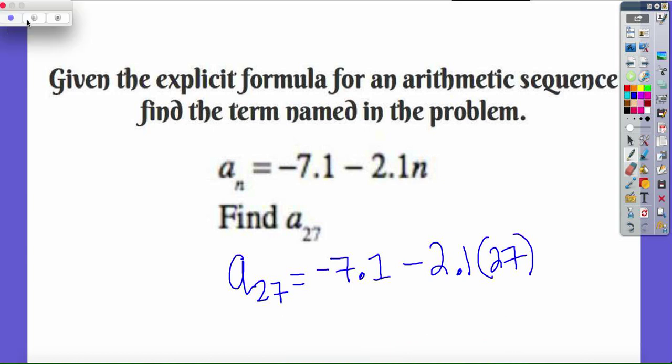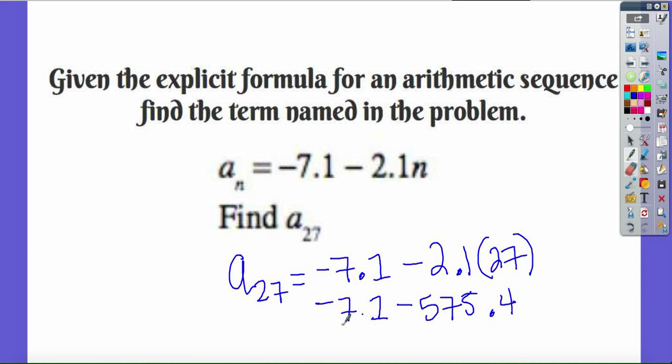So if I do my calculations by order of operations, I've got negative 7.1, and then negative 2.1 times 27 will give us negative 575.4, and then negative 7.1 minus 575.4 is going to give us negative 582.5. So a sub 27 is negative 582.5. That's just the 27th term in this sequence.